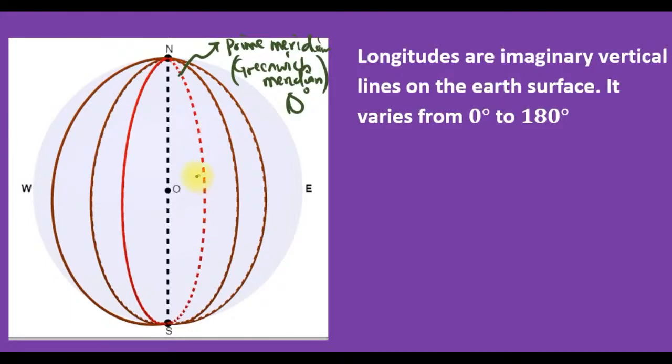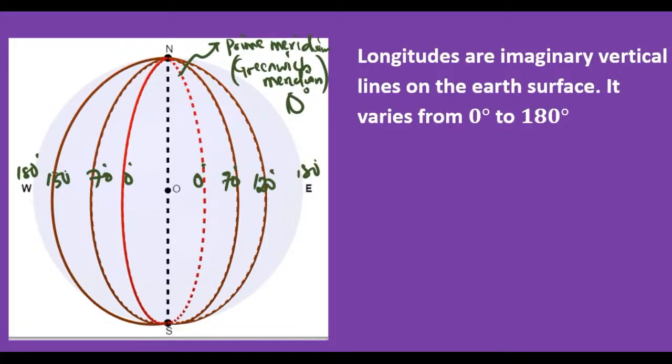If this is 0, this could be maybe 70, this maybe 120, and this maybe 150 to 180. So it runs from 0 to 180, west or east.